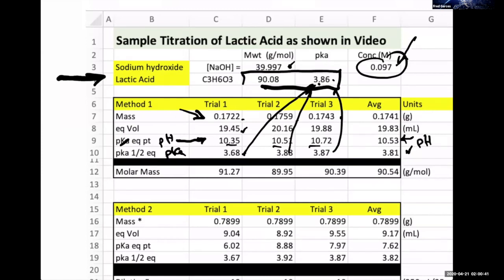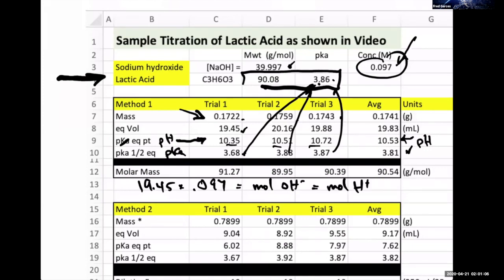So what is the molar mass? The molar mass is 91.27. And how did I calculate that? I took the volume, which is 19.45, times the concentration, 0.097. That's the moles of the base, which is equal to the moles of the acid.